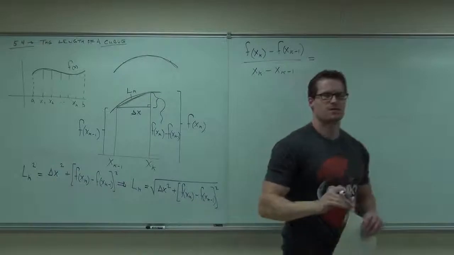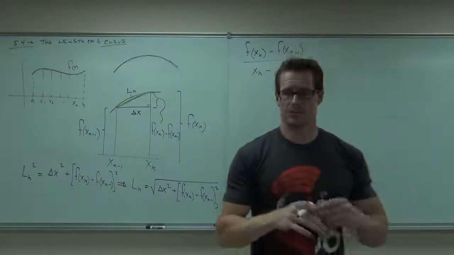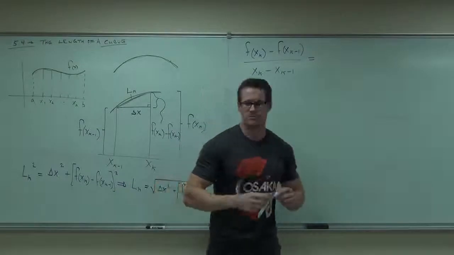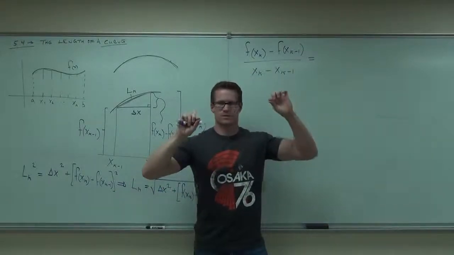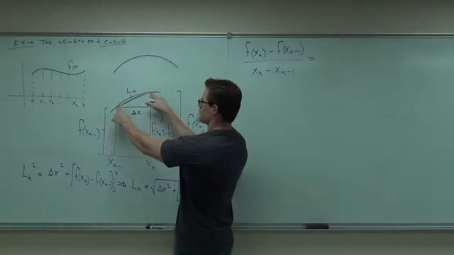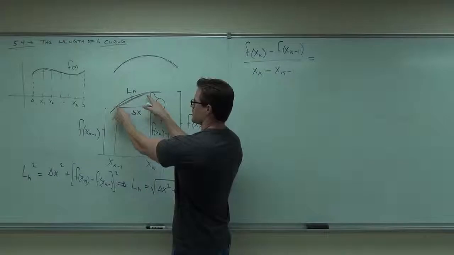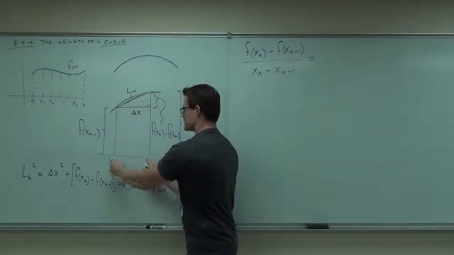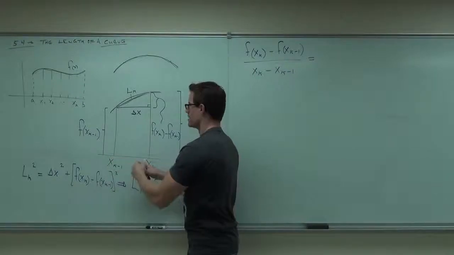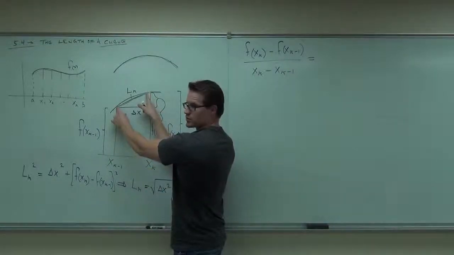Here's what the mean value theorem says, basically, in layman's terms. It says if I take the slope between 2 points, then on this segment, the first derivative must equal that slope at some point between these two. Follow me again. The slope of this line is something, true?